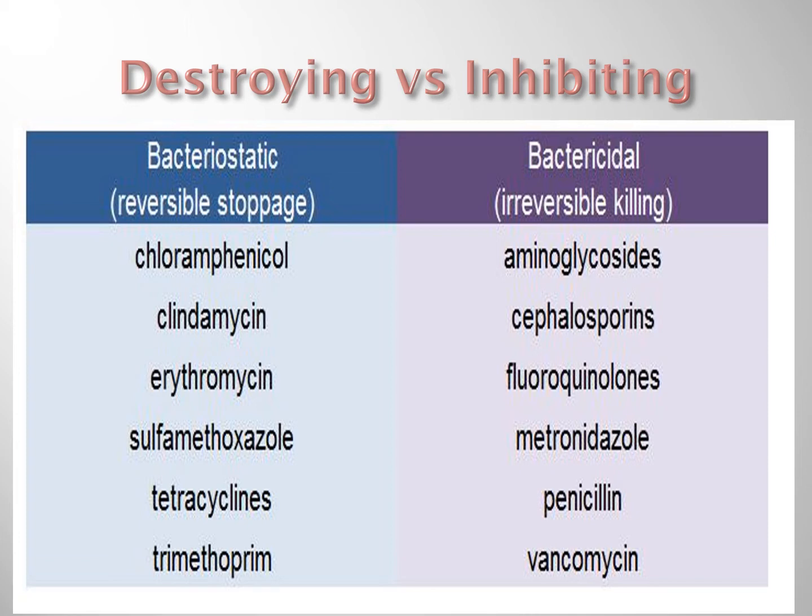If we move to the other side, bacteriostatic, we're going to talk about some of the other ones that work in different ways to inhibit the growth of the bacteria. Clindamycin, erythromycin, sulfa antibiotics, tetracyclines.